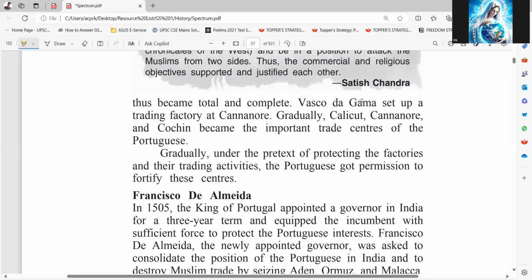Vasco da Gama set up a trading factory at Kannur. Gradually, Calicut, Kannur, and Cochin became the important trade centers of the Portuguese. Under the pretext of protecting the factories and their trading activities, the Portuguese got permission to fortify these centers.